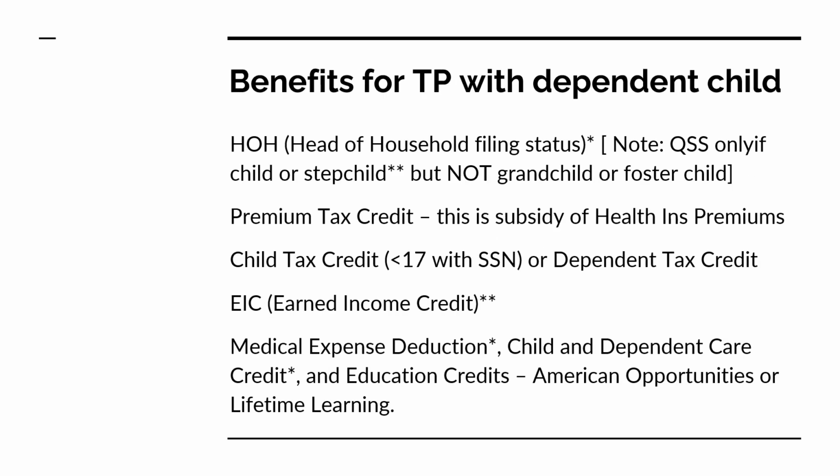So the benefits to a taxpayer with a dependent child are many, including being able to claim head of household status if the child is in most of the relationship categories other than grandchild or foster child. Additionally, it gives you access to the premium tax credit, the child tax credit, the earned income credit, the education credits, the child and dependent care credits, and also being allowed to take medical expense deduction.